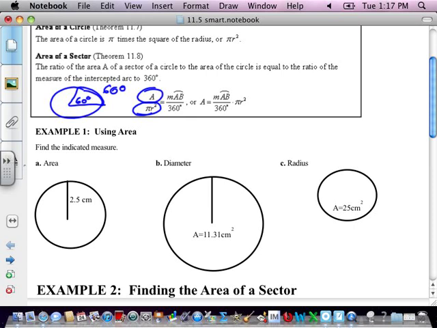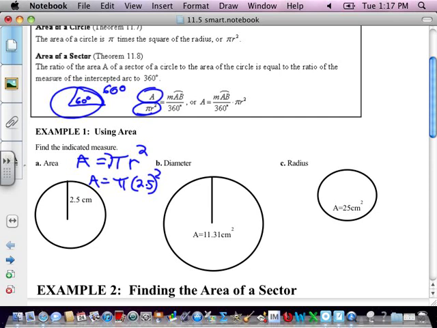Let's go through and find the area. Should be pretty easy because area is pi r squared. So we know area equals pi r squared. So area equals pi times 2.5 squared. Now you can use pi or 3.14.